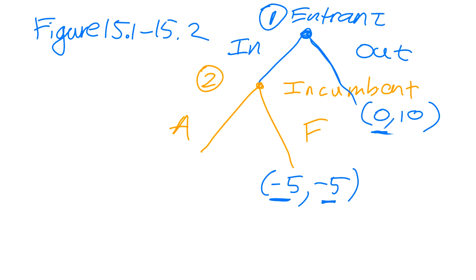And then accommodate. In this case, their example for accommodation is keeping prices high, like not trying to start a price war, basically. So if they accommodate, then the payoffs are 5 and 5. They both get 5.